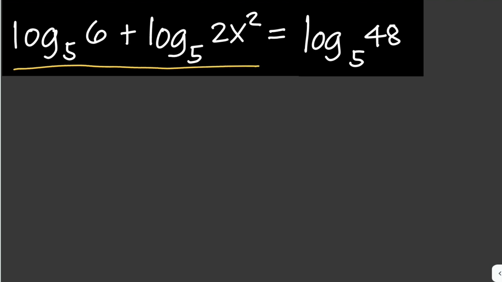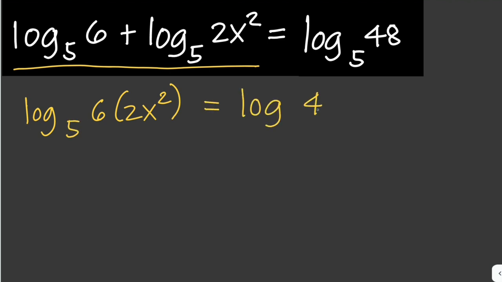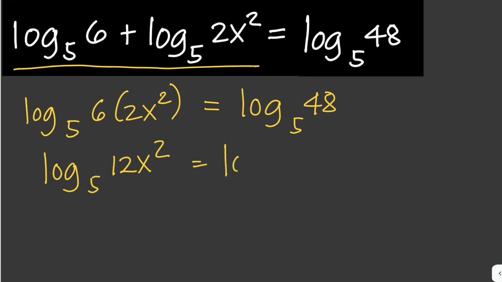We use the product property, so we can write this as the logarithm of 6 times 2x squared to the base 5 equals the logarithm of 48 to the base 5. So this is just the logarithm of 12x squared to the base 5 equals logarithm of 48 to the base 5. Since they have the same base, then we can just equate the arguments.